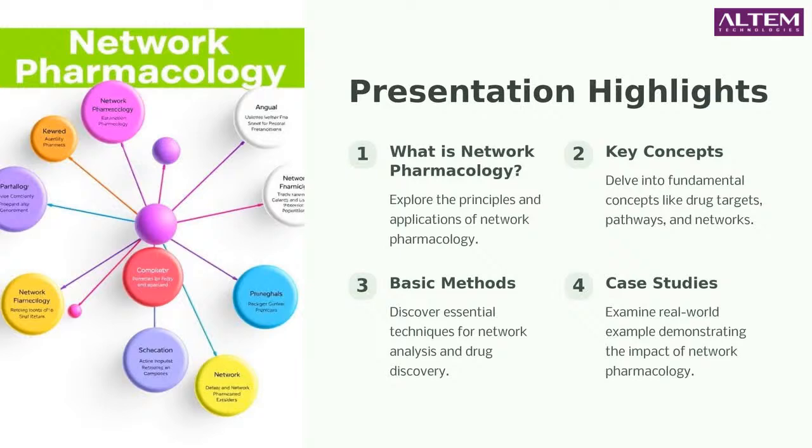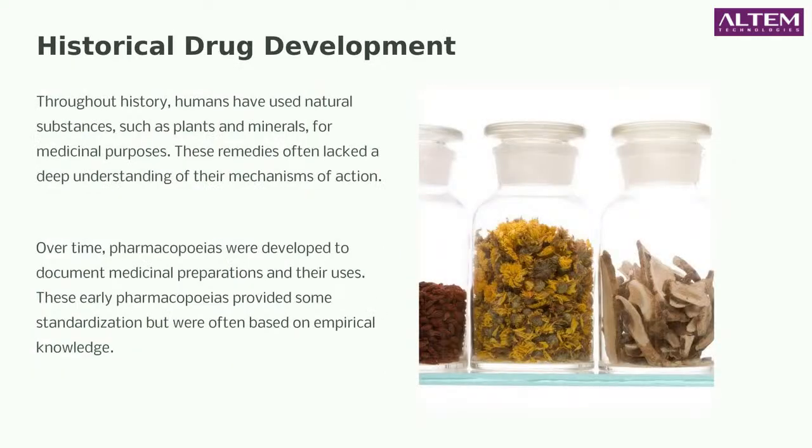Historically, humans have relied on natural substances for healing. Ancient texts document the use of plants and minerals for medicinal purposes without a clear understanding of their mechanisms. However, as knowledge progressed, pharmacopoeias emerged, which are the authoritative books listing medicinal drugs and their effects based on empirical evidence.